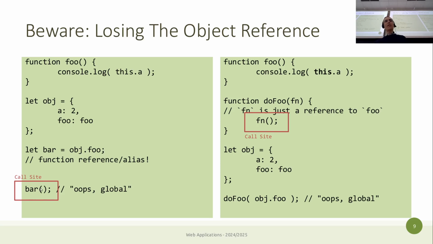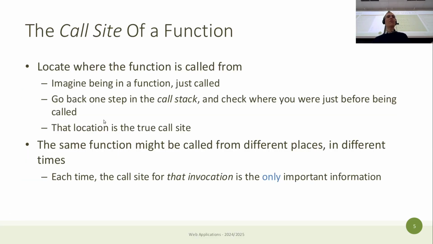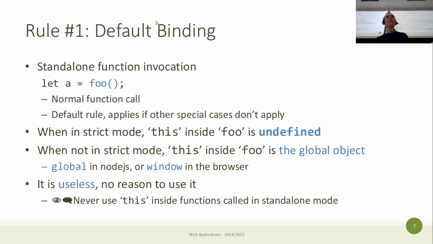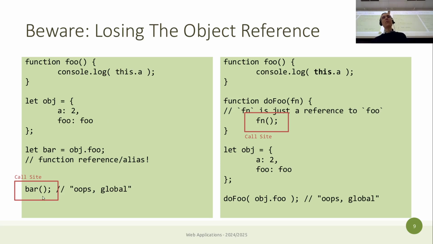It's here, bar with the brackets. Okay? And here, the call site means that we go back to the default binding. I mean, it's like writing this expression, foo, without the object. And so, in this way, we lost the reference to the object.